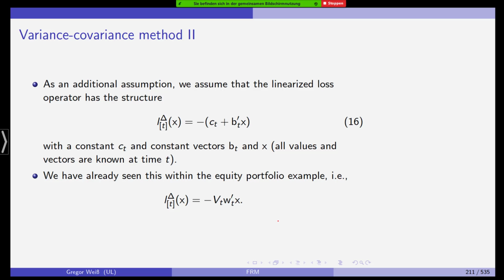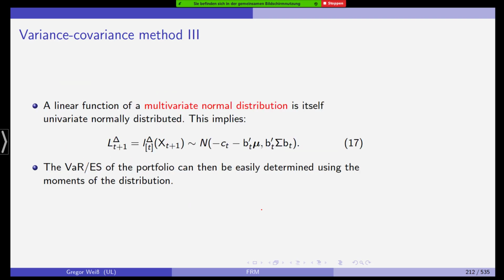Then the linearized losses are given by this vector x, C_t, B_t, and this linear structure using the variance covariance matrix. And what we get is the linearized losses. If we assume a normal distribution for the risk factors and a linear structure for the risk mapping, then we know that the losses are also normally distributed.